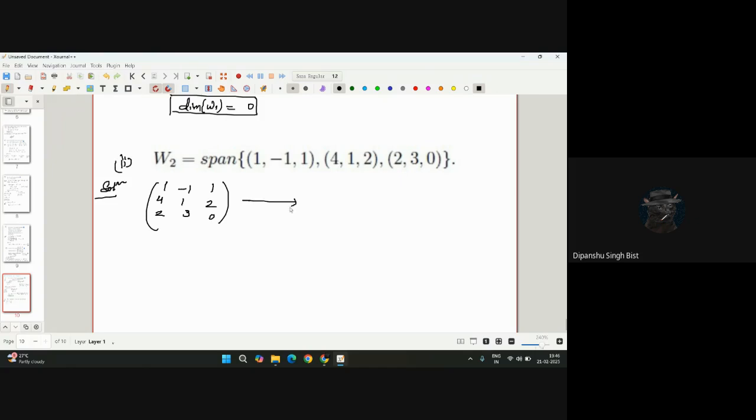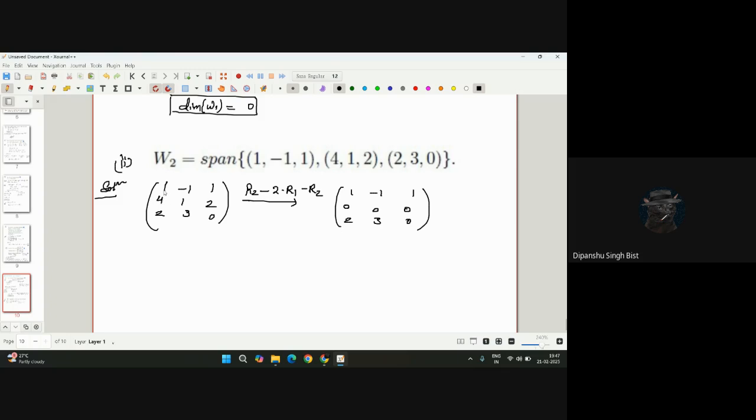Then let's perform some row operations: in R2 you subtract 2 times R1. Just try doing it.